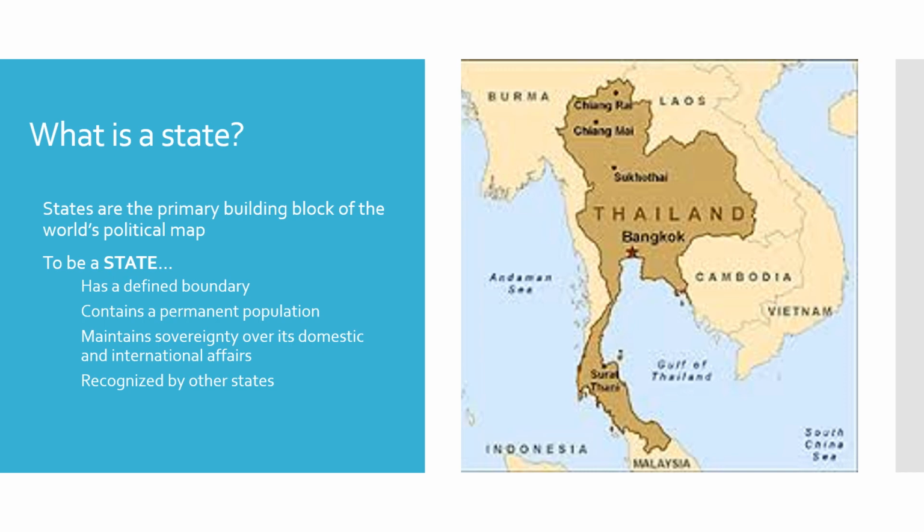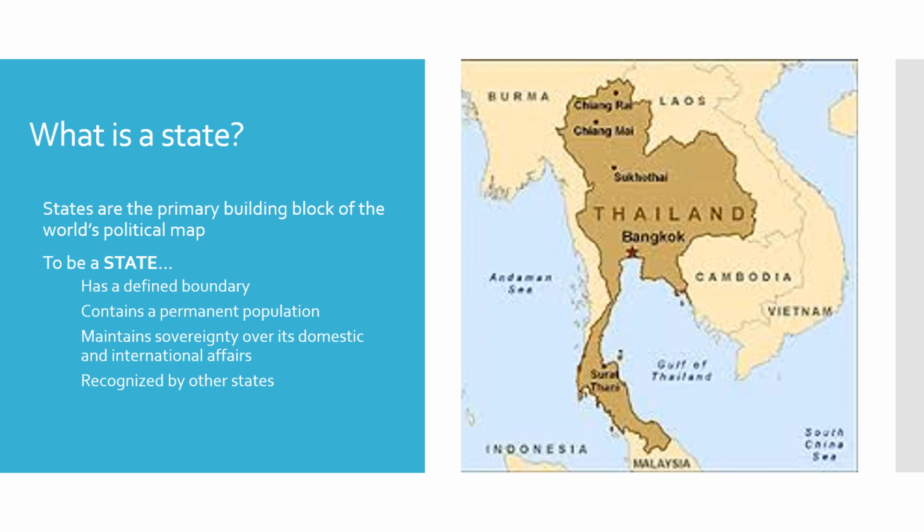So the states are the primary building blocks of the world's map. We know that, and there are certain things that you have to have to be considered a state, including a defined boundary. We have to know where you begin and where you end. You need a permanent population, people that call your state home, and that you are there consistently to be able to provide the needs of your citizens. You maintain sovereignty over domestic and international affairs, that the government has the ability to make decisions that impact your country.